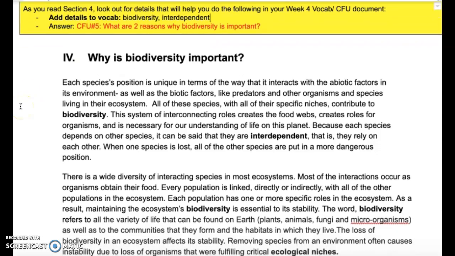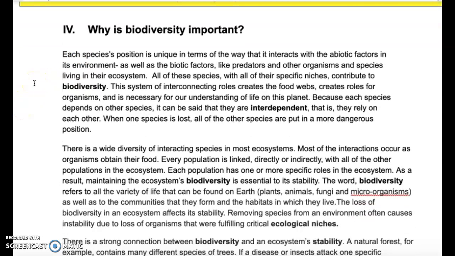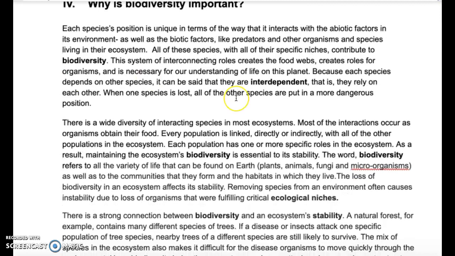Okay, section 4. Paragraph 1. Each species' position is unique in terms of the way that it interacts with abiotic factors in its environment, as well as the biotic factors like predators and other organisms and species living in their ecosystem. All of these species, with all of their specific niches, contribute to biodiversity.